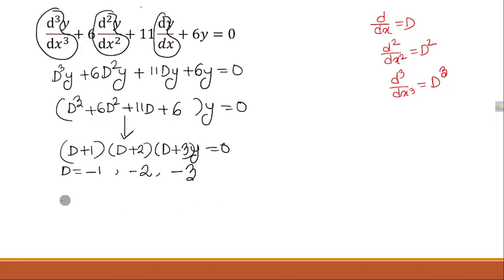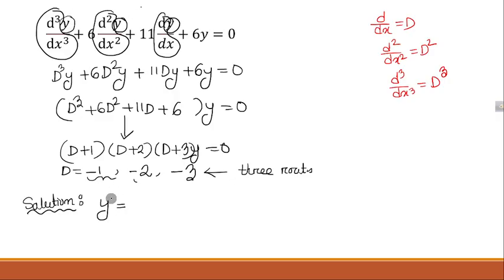Now how will you get the solution? As you have found 3 roots, minus 1, minus 2 and minus 3, if you want to find the solution of this equation, that means the function for y, you will have 3 terms, and also 3 constants, and these constants are called arbitrary constants.